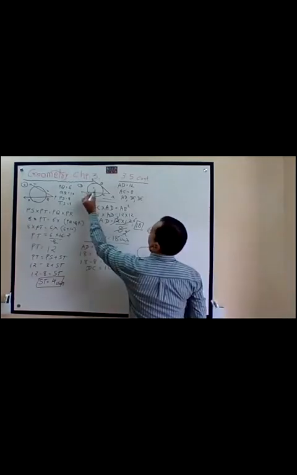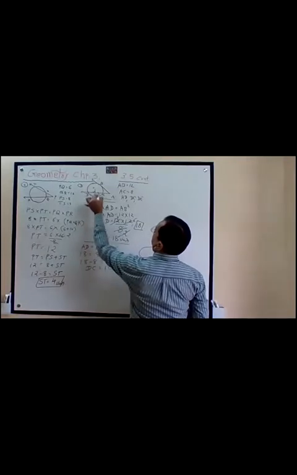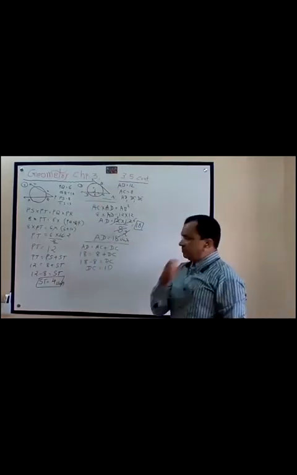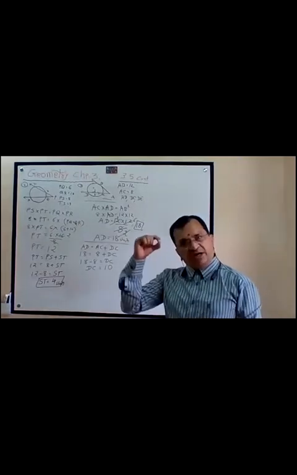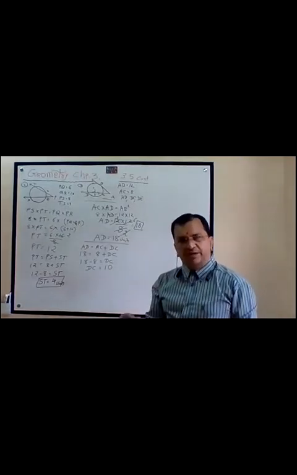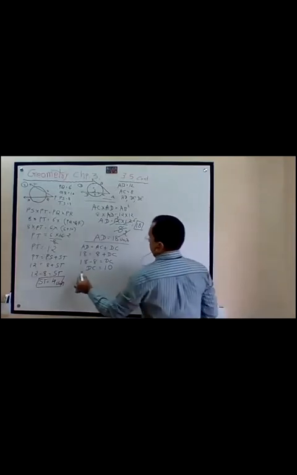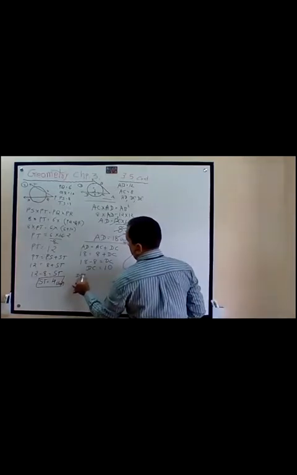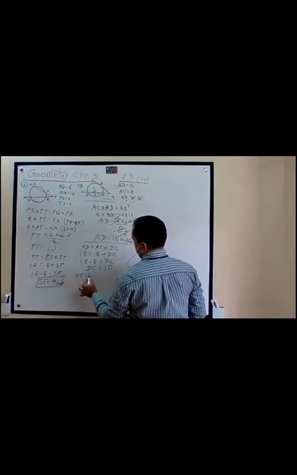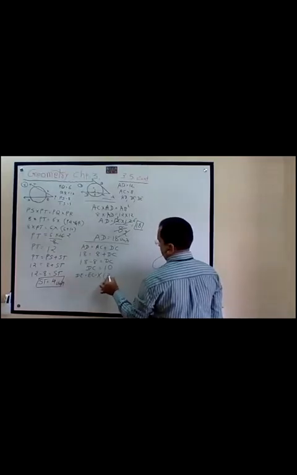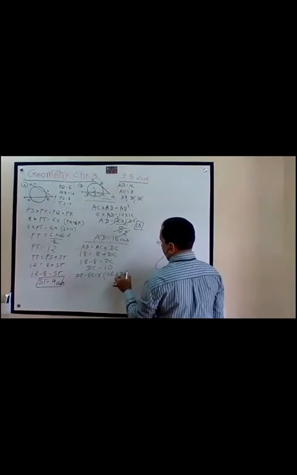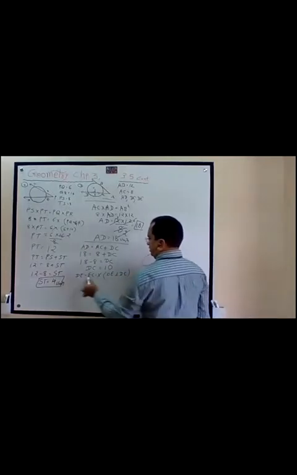Now you can see it is a perpendicular. From the center, perpendicular drawn on a chord bisects the chord. So DE is equal to EC is equal to X, for example. Why? OE is perpendicular to DC in the circle.